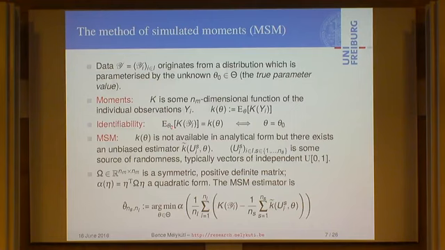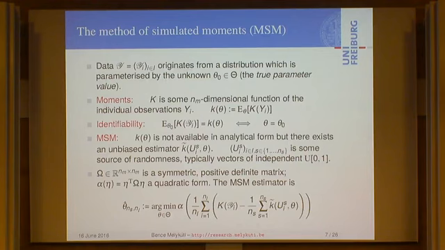If y is drawn from the true parameter value theta naught, then this moment will only be the same if theta is actually theta naught. So from the moments you can invert uniquely back to the parameter. There is only one parameter, theta naught, which gives you the same moment as the moment you get if the true parameter is theta naught.